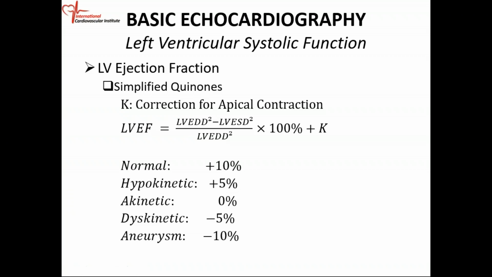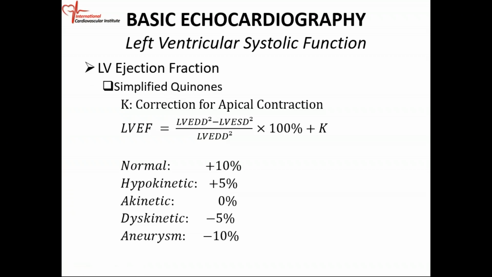When we look at fractional shortening, we look at the base of the heart, how well the base of the heart is contracting. But the heart also has an apex, and we totally ignore the apex. So the simplified Quinones method incorporates apical assessment in the fractional shortening.